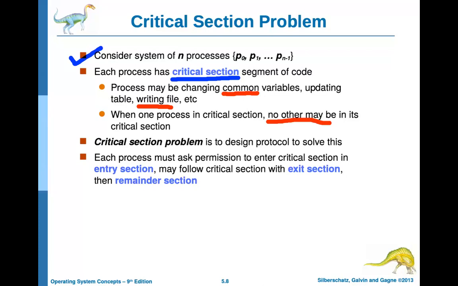Now, as I mentioned, if one process is in the critical section, definitely it will block another process who wishes to enter into the critical section. That is as per requirement number one. That is fine, absolutely no issue. But then the third requirement is, if a process is running outside of its critical section, I repeat, if a process is running outside of its critical section, that process should not block another process.